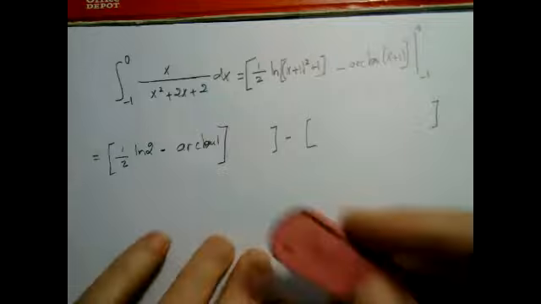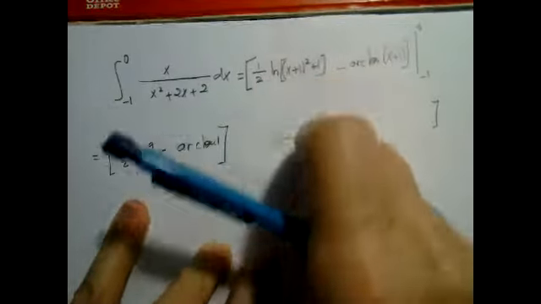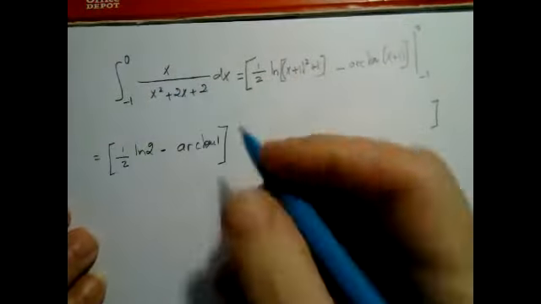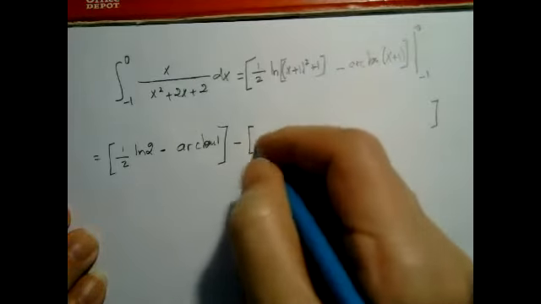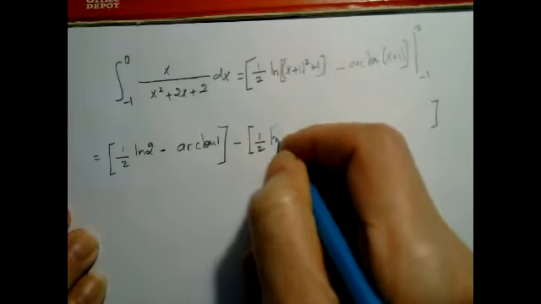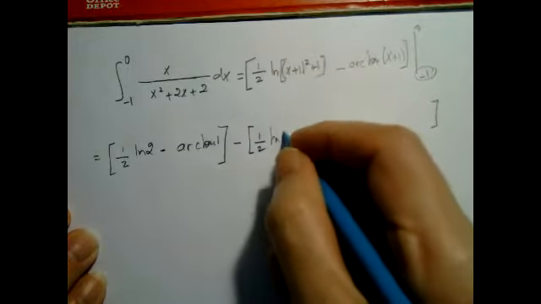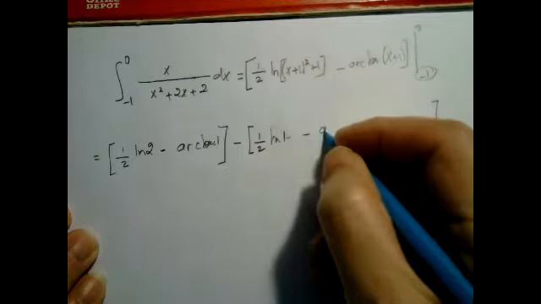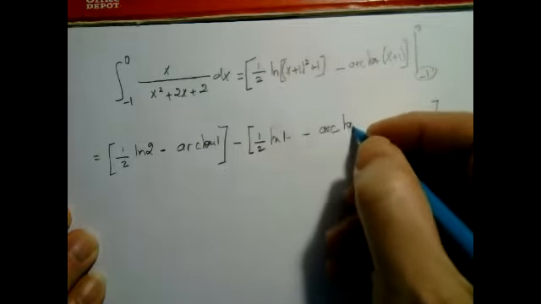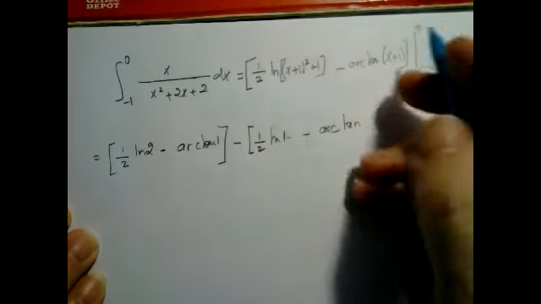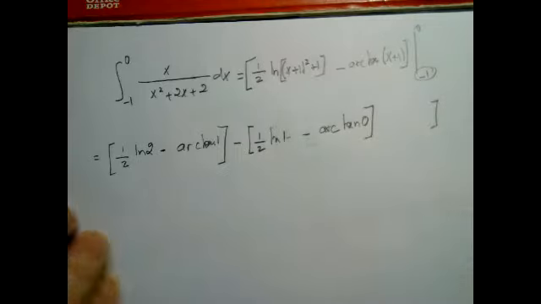So that's the end of the first one. Minus, so I can make this smaller now, minus. At the bottom, I will have half ln. If x is -1, plus 1, it's 0. I will have ln of 1 minus arctangent. If x is -1, arctangent 0.